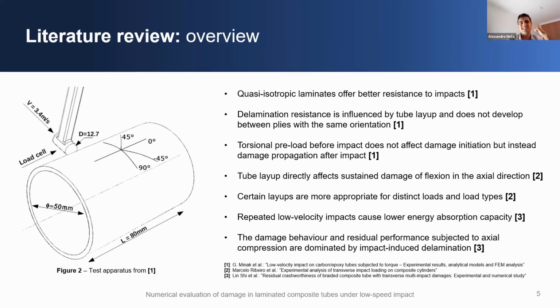First, the fact that quasi-isotropic laminates offer better resistance to impacts. Second, the lamination resistance is influenced by the tube layup and does not develop between plies with the same orientation. Third, that certain layups are more appropriate for distinct loads and load types. Well, we will see by the end of the presentation if I've achieved the same results.